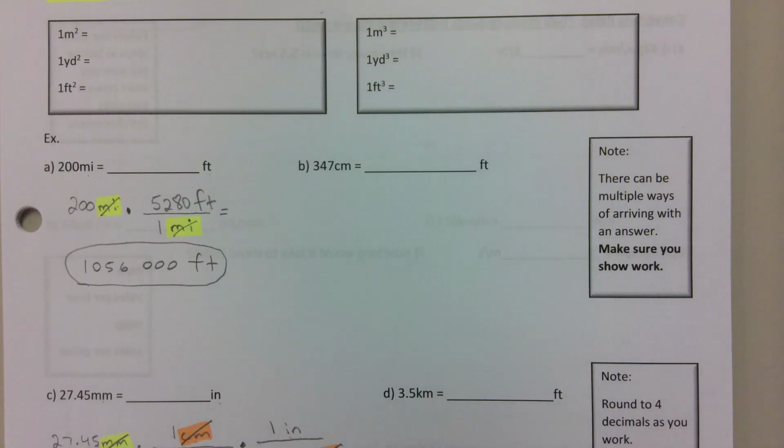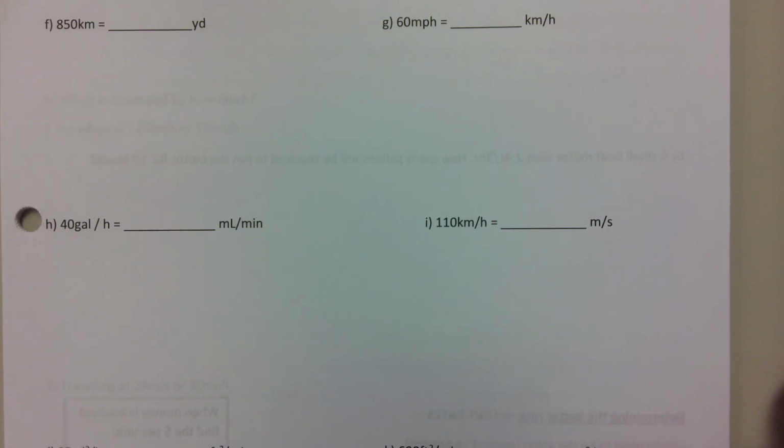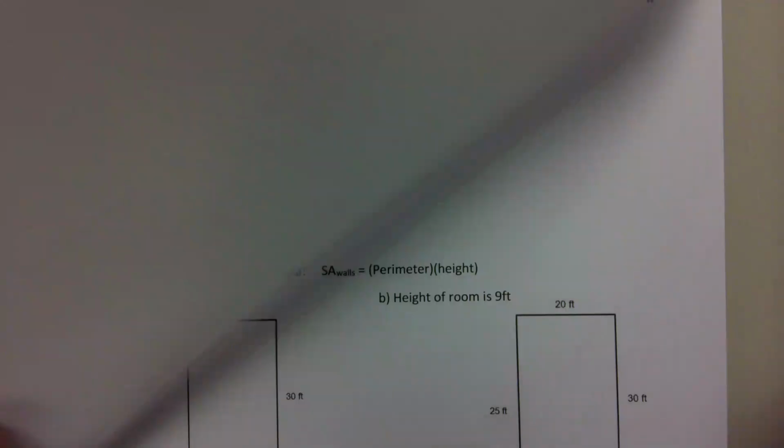What are we time-wise? 10:14. Okay. I think I'm going to leave it at this for today. I'm just going to ask you to do a few questions for homework.